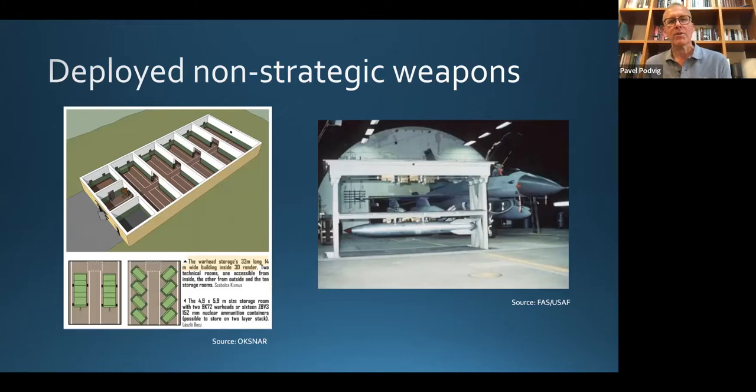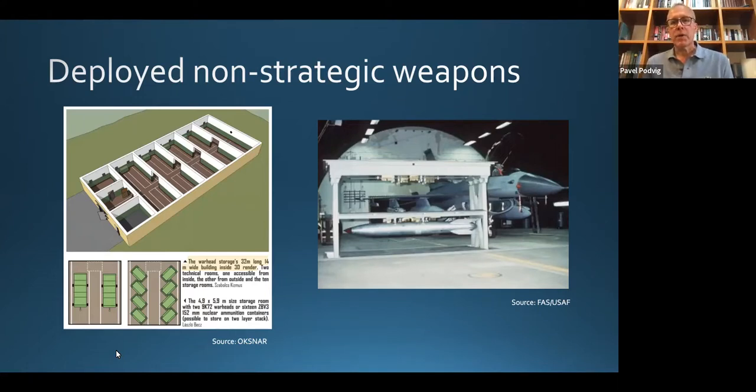They are stored in a certain way. In Russia, they are stored in containers in these underground storage sites. And in the United States or in NATO, US weapons are stored in these vaults.